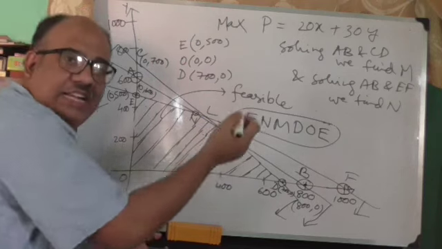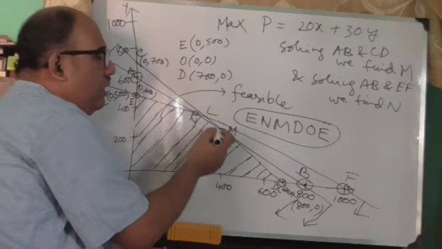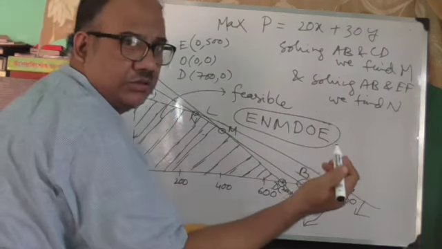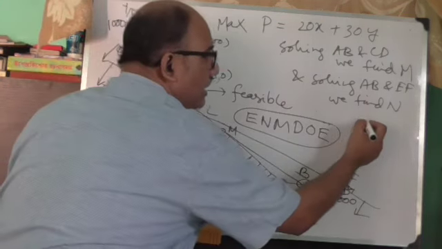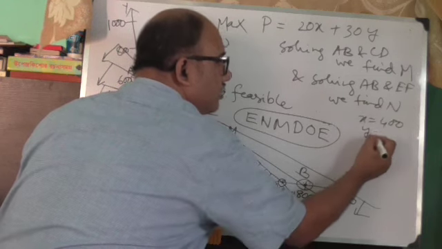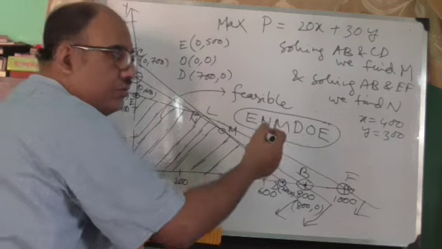Actually, the data that I have given in this case makes M and N come at the same point. I think it will become x equals 400 and y equals 300 in both the cases if you solve. So you check and you solve.